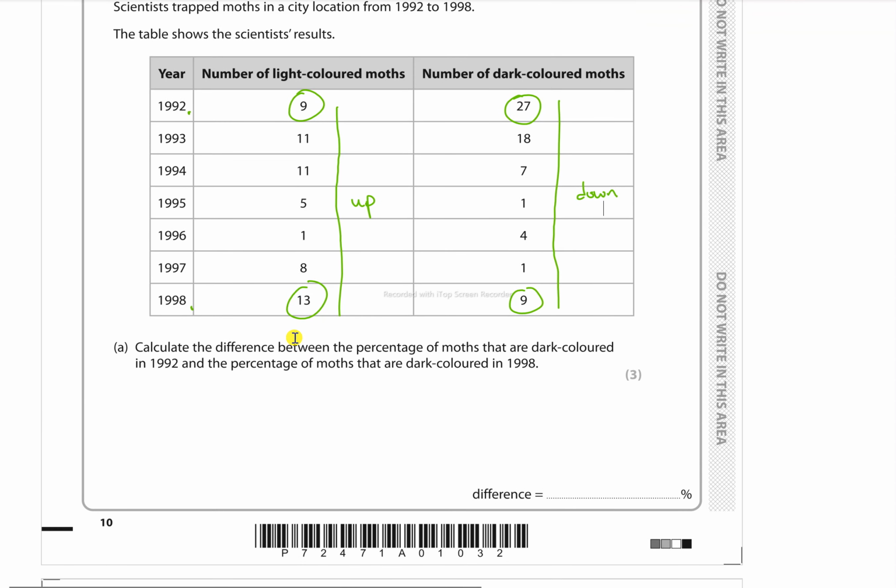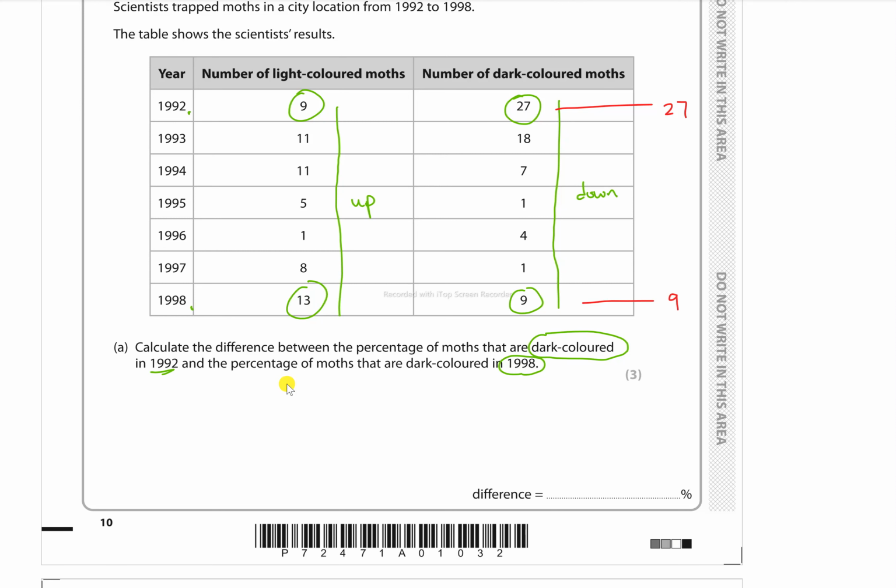Calculate the difference in percentage between the dark moths. So dark moths, 92, the percentage of dark moths in 98. So we're looking at dark moths. So there was 27 to 9.